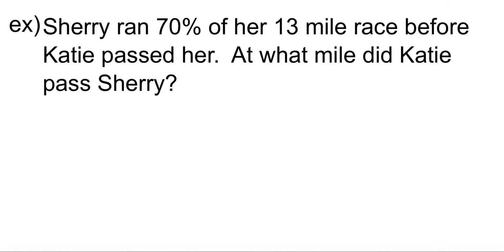Now, the reason why that's important is because in this example, we're not necessarily looking at specifically a straightforward increase or decrease problem, but you may see something similar to this on the ACT.